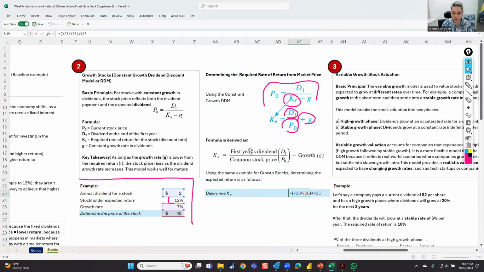So it's basically the dividend of $2 divided by the price that we're willing to pay for the stock that would have a constant rate of 7% growth, plus the growth rate of 7% equals 12%. So I'll do it again. So it's $2 divided by 40.